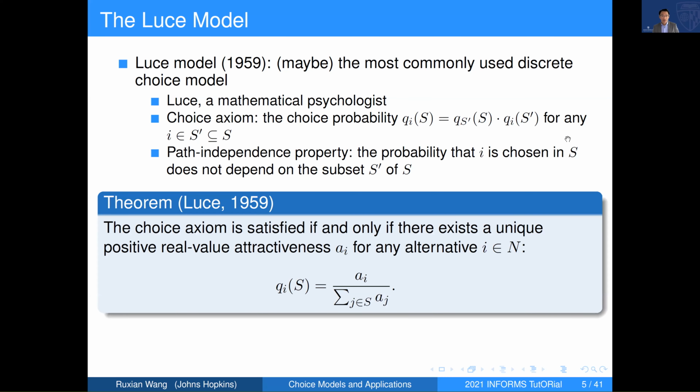If this is true, we can say there exists a unique positive real value attractiveness A_i for any item i, and the choice probability for any item i is equal to A_i divided by the sum of A_j for any j in the set S. It's a very, very elegant formula. We call it the Luce model.